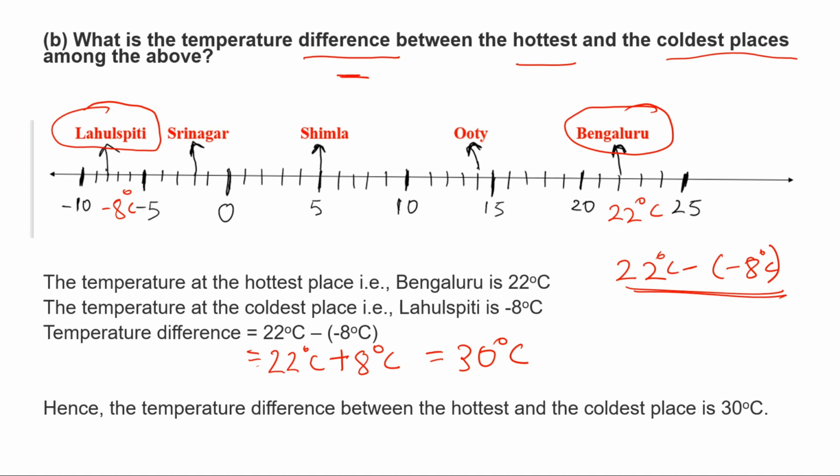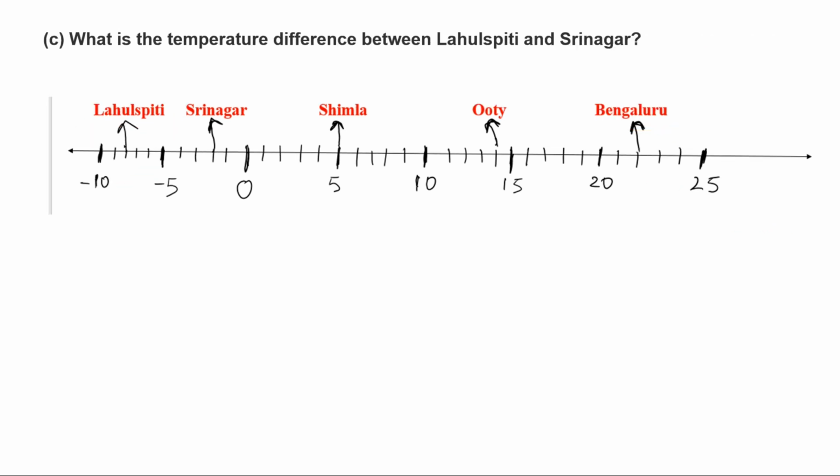Okay, now the next part of this question. What is the temperature difference between Lahul Spiti and Srinagar? So Lahul Spiti is here, which is minus 8 degrees Celsius, and Srinagar is here, that is minus 2 degrees Celsius. Minus 2 is greater than minus 8, and we have to find the difference.